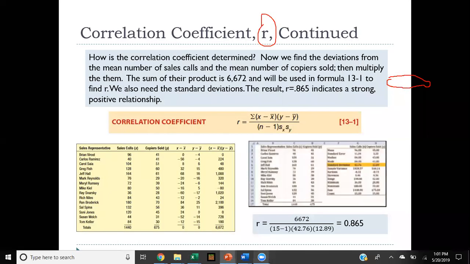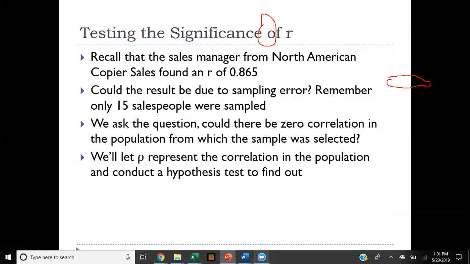Okay, so with that information in mind, the very last thing that we would look at when you look at correlation analysis is to test for the significance of your R. Okay, and now this last part here is basically based off of the assumption: yes, we've come up with a value of 0.864.